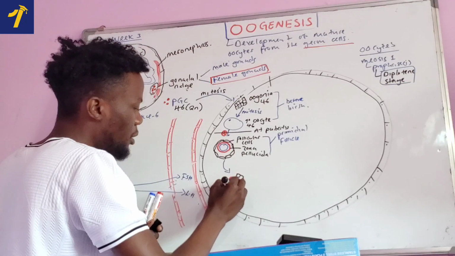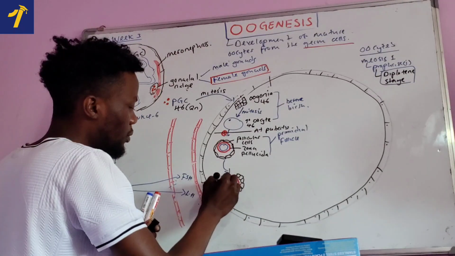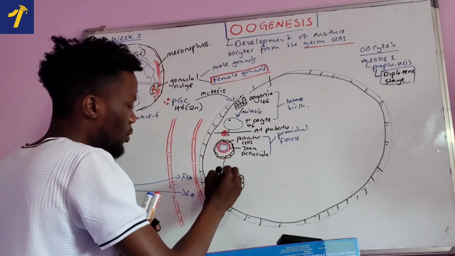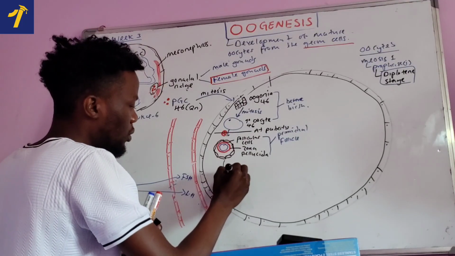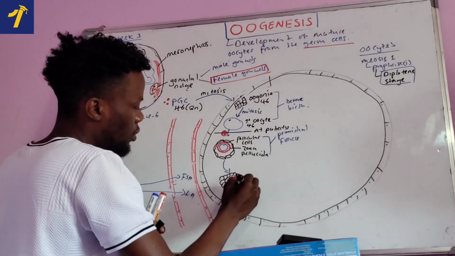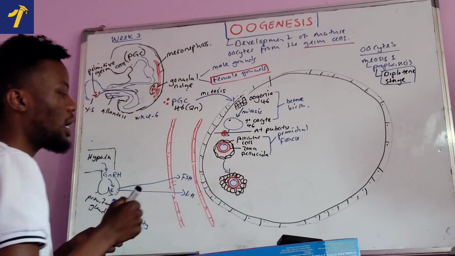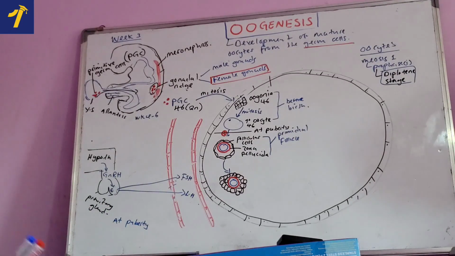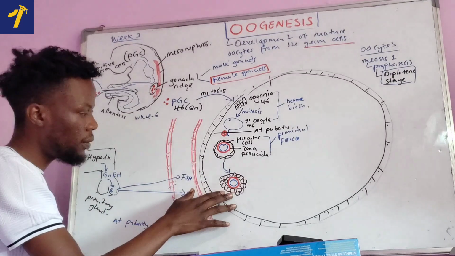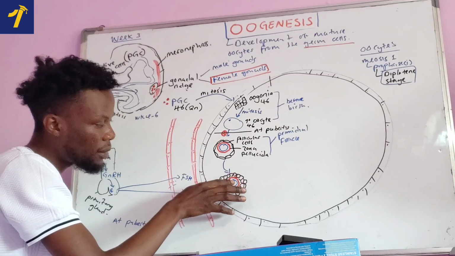They are not flat. So these follicular cells now are cuboidal, and they are surrounding the primary oocyte.